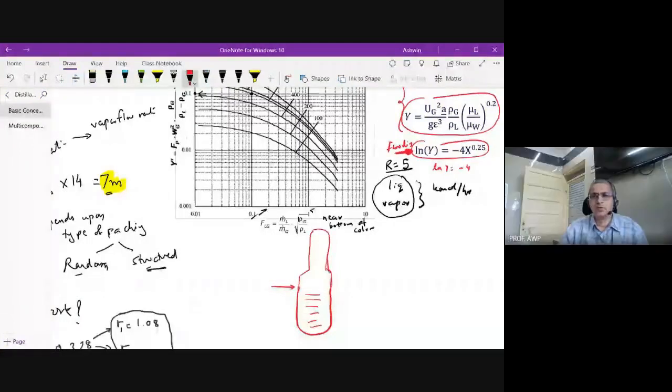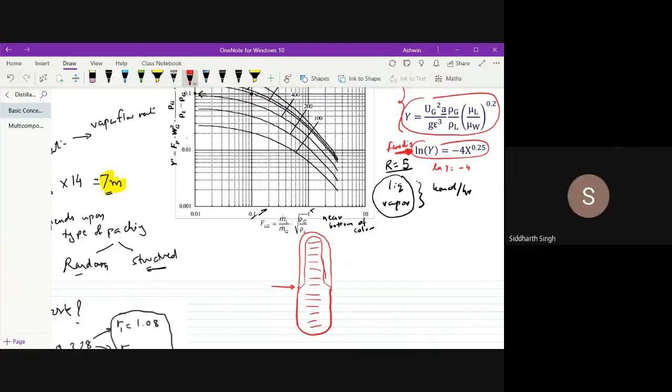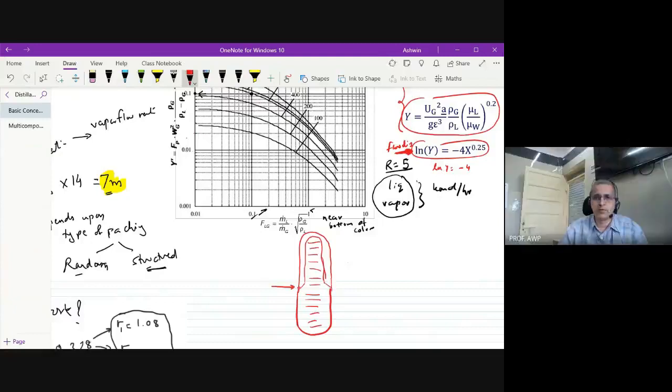But you do that not for the purpose of efficiency, you do it for operational and fabrication convenience. Because if you have two different diameters, you have unnecessary thermal stresses and mechanical stresses in the column, which may lead to failure of the column. Yes, sir. Got it. So it's more of convenience than from efficiency point of view.